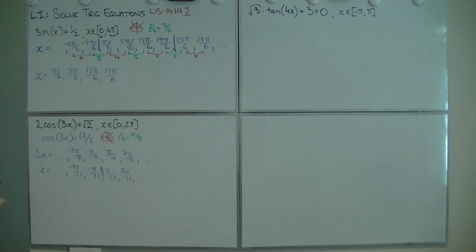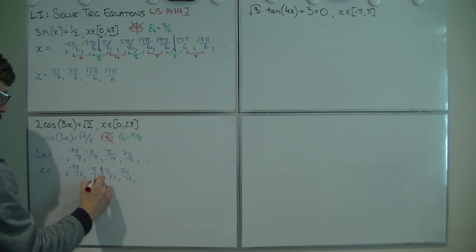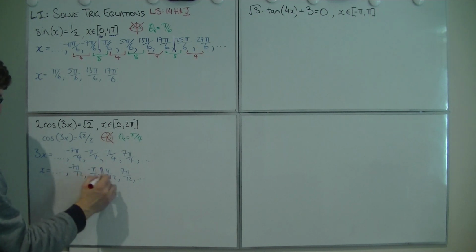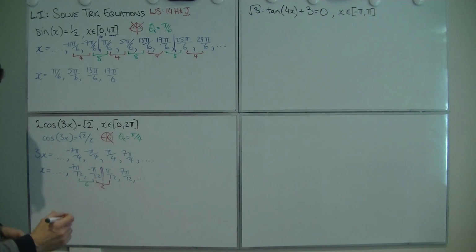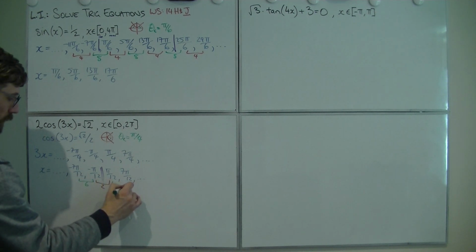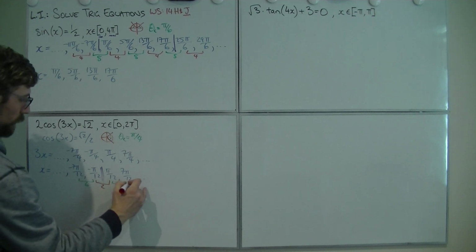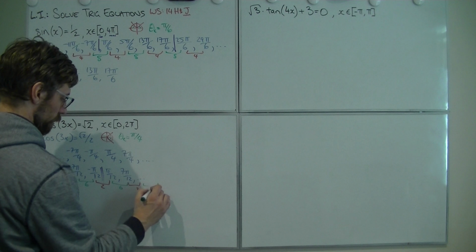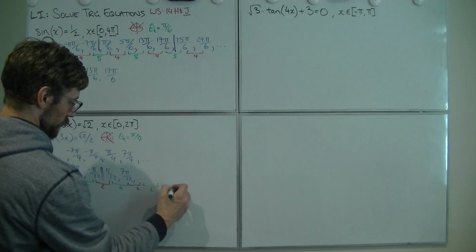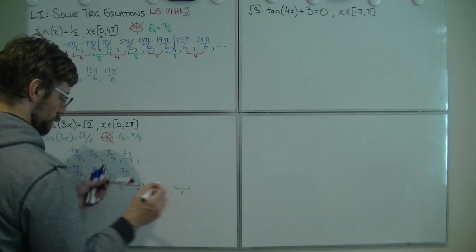We'll have to do some counting. Okay, well, from here to here, I've got 2 pi on 12. From here to here, I've got 6 pi on 12. Here to here, 6 pi on 12. Okay, so I should get 2, 6, another 2, another 6.